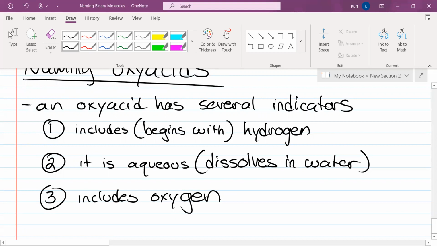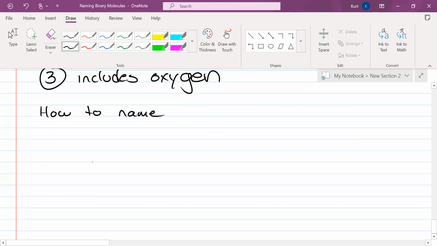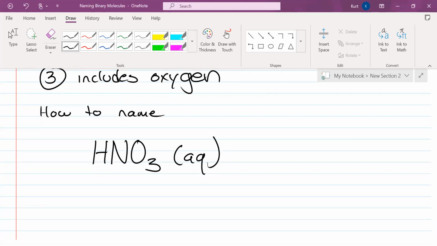Okay. So, how to name them? All right, I'm going to give you guys an example. What is the first element that you see here?